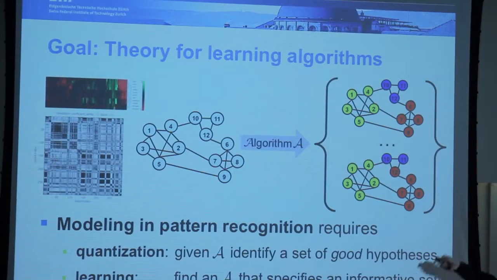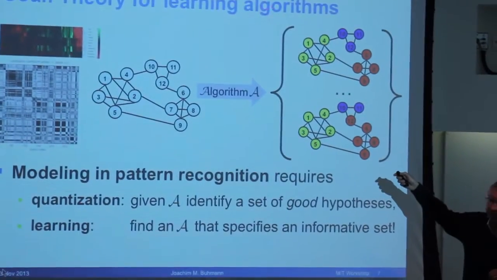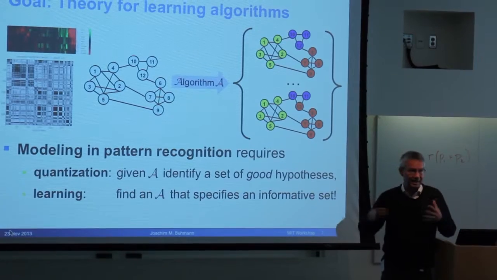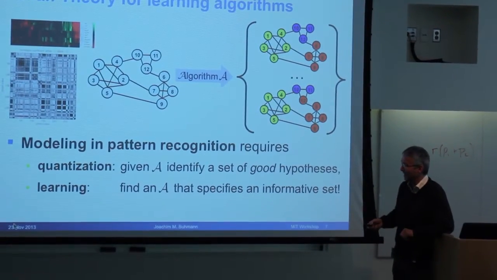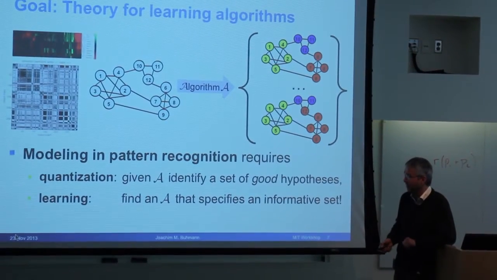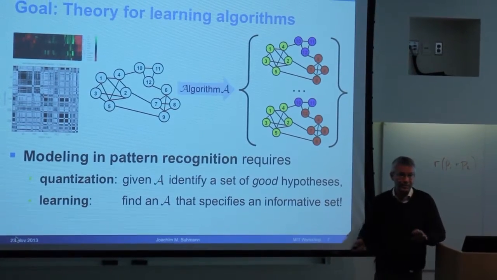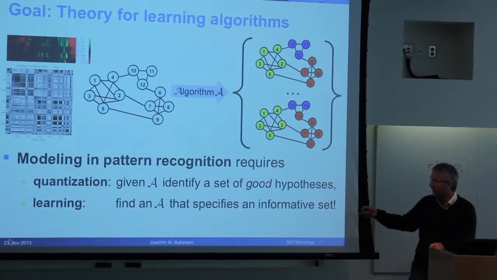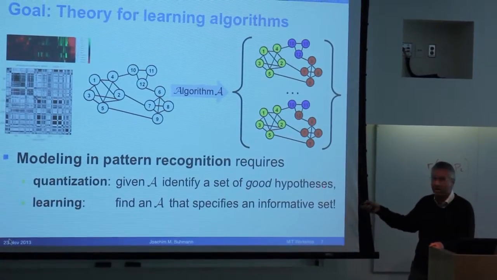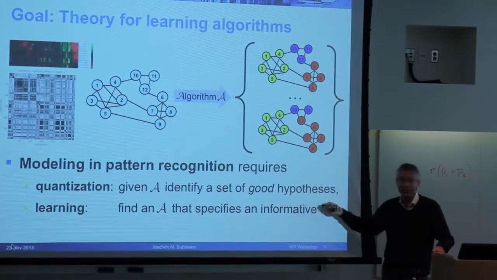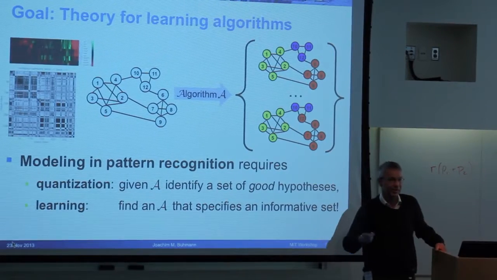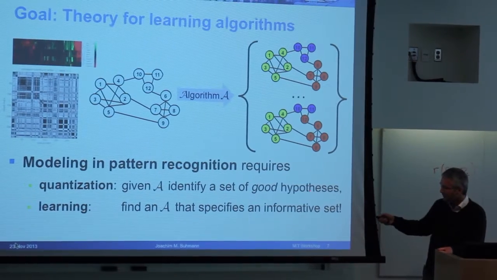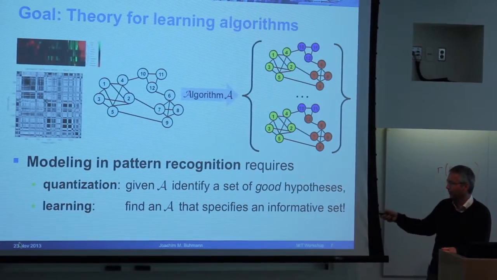So if you want to learn these representations, and the representation is basically an inner recoding by the algorithm of the original data, or of what the algorithm cares about, then you have two steps from my point of view. One is the quantization. A given algorithm has to identify a set of good hypotheses. It's elusive to hope that only one hypothesis will be the winner in the asymptotic limit because of infinite VC dimension. So we have to identify a good hypothesis.